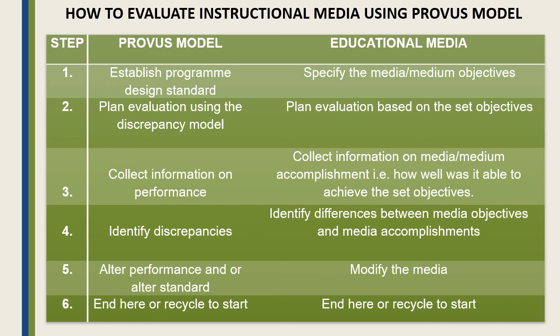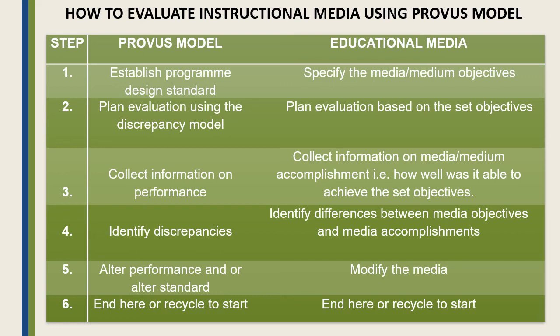The fifth stage is, you then want to look at it. So if it does not match what you have established, we say alter performance or alter standard. So there are 2 things to do there. This is what you want to achieve, but this is what you are able to achieve. So you want to look at it, okay, with what I've been able to achieve, with the level of resemblance, should I discard this or should I accept it?